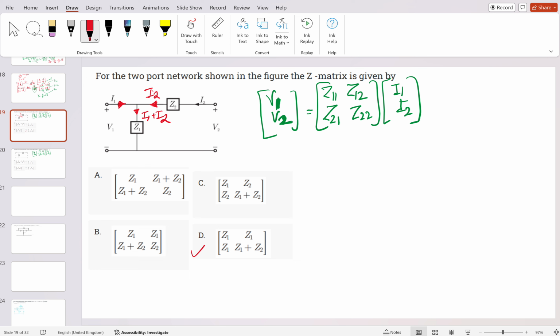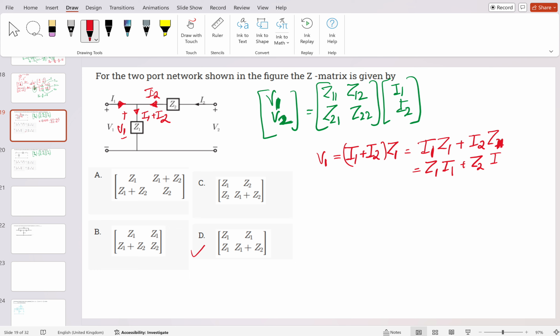So the first equation: V1 is equal to the voltage drop appearing across Z1. So V1 is equal to (I1 plus I2) times Z1, that is equal to I1 Z1 plus I2 Z1.